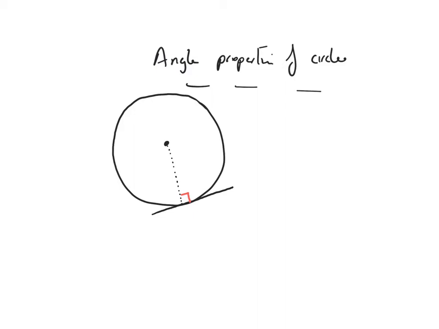Okay, what else can we say is true? Well, if I was to draw a triangle in here in the circle, then that would definitely be an isosceles triangle, meaning that two sides and two angles are the same, and the two sides would be these ones. Now, why do we know that's true? Well, we would need to agree that from the centre spot to here must be the radius.